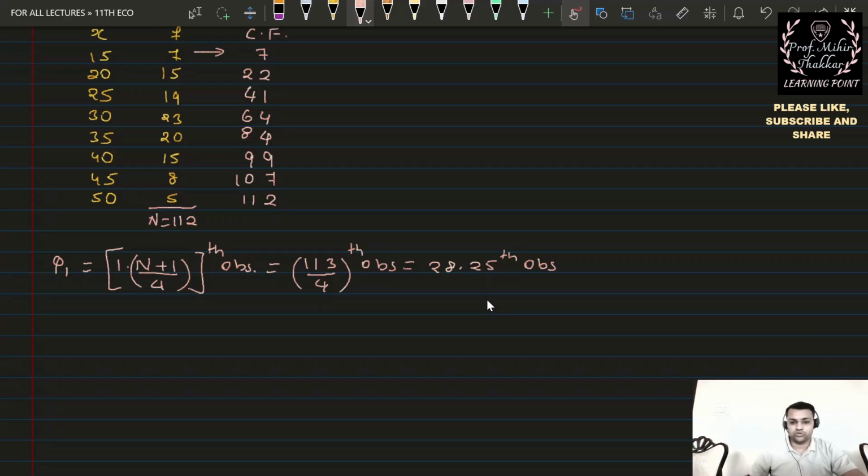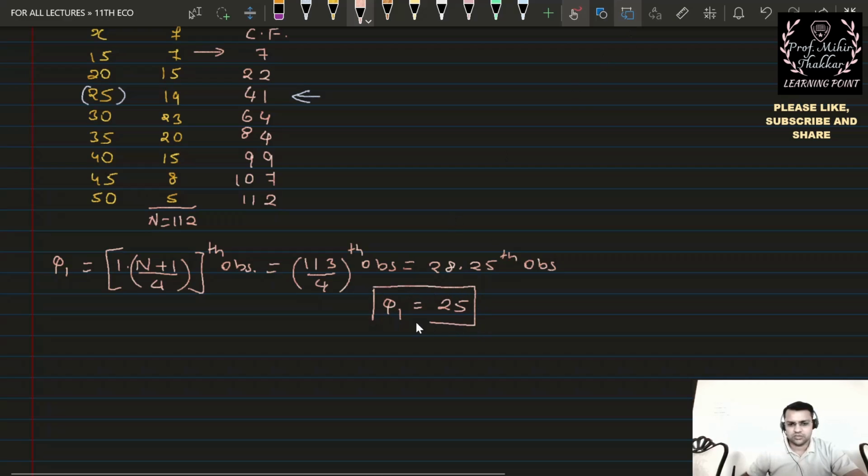As I told you, you don't have to do any kind of splitting up in this. You just have to search for the cumulative frequency value just greater than 28.25, which I can see is 41, and therefore the corresponding answer, which is 25, is the required value for your Q1. Very simple.